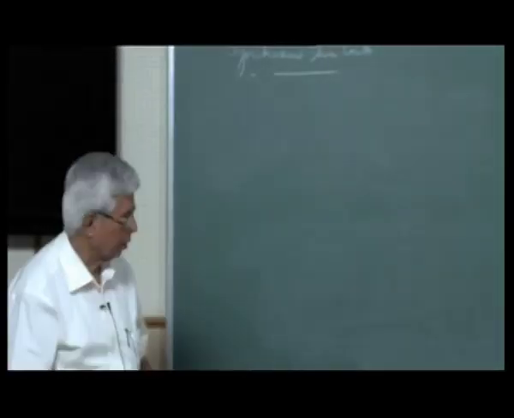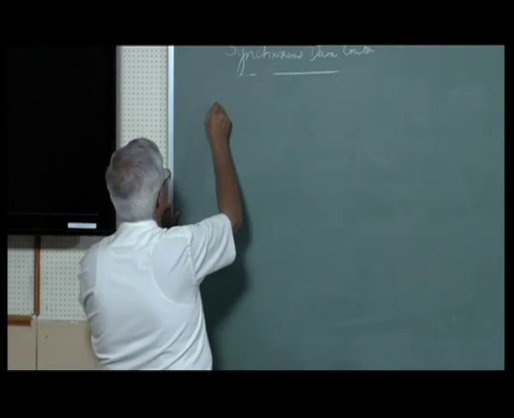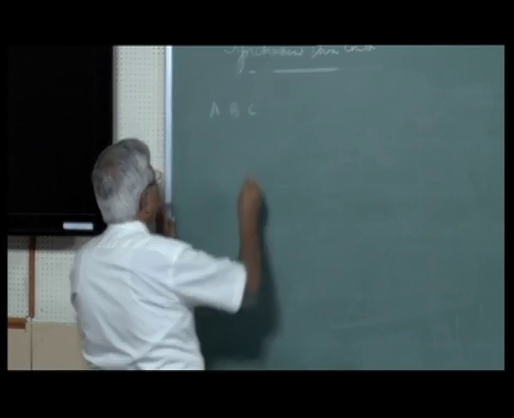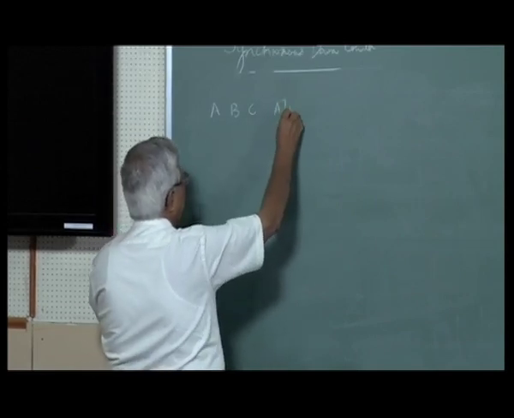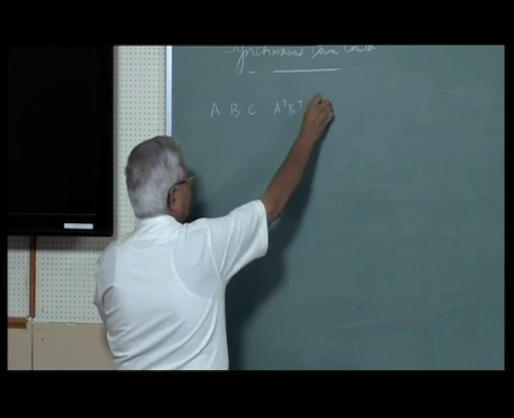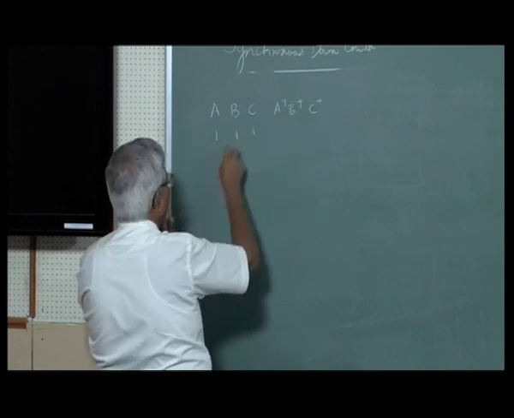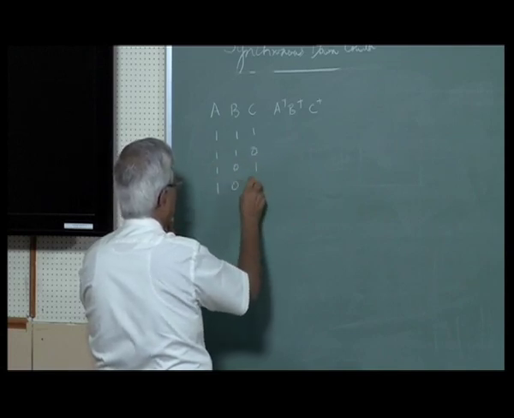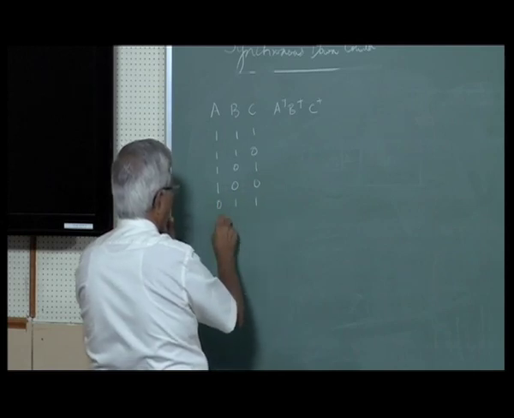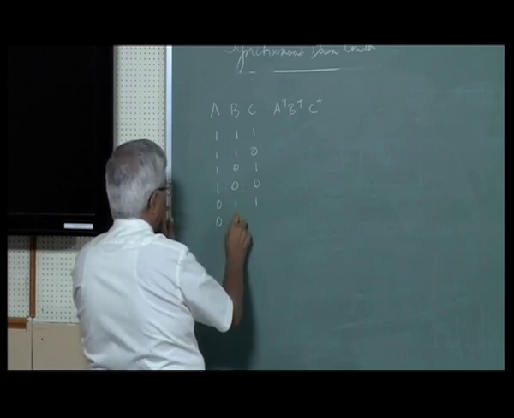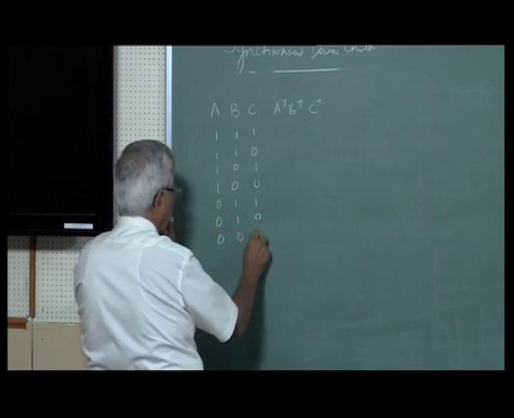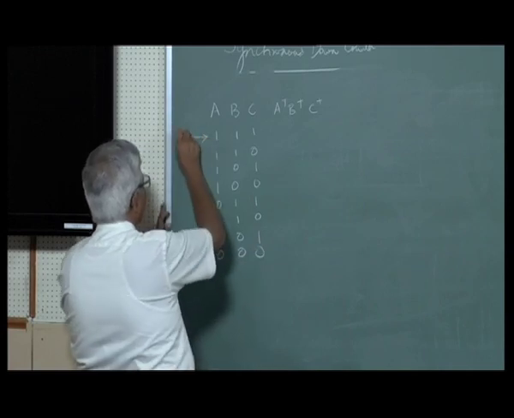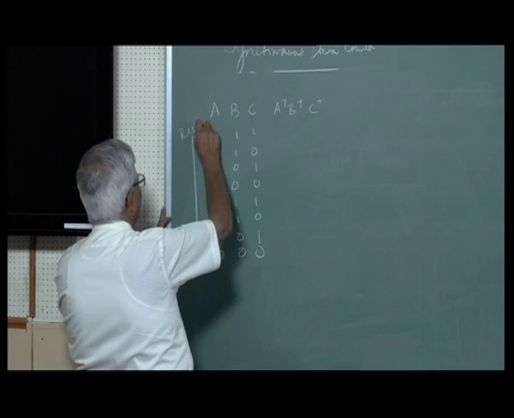Again we are going to go for the present state ABC, next state A plus, B plus, C plus, again 3-bit down counter: 1 1 1, 1 1 0, 1 0 1, 1 0 0, 0 1 1, 0 1 0, 0 0 1, 0 0 0, after this it repeats. It's a 3-bit down counter.